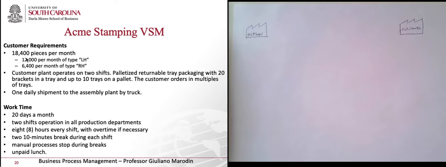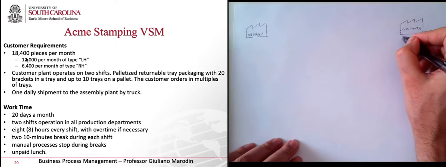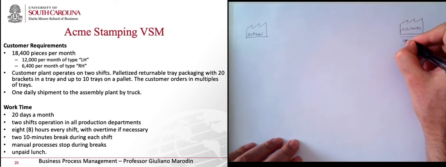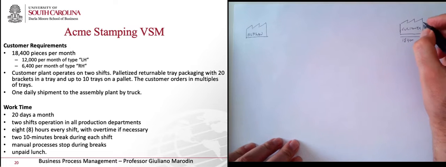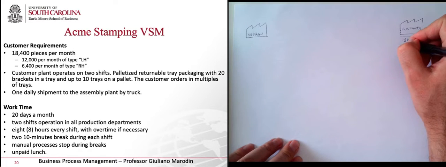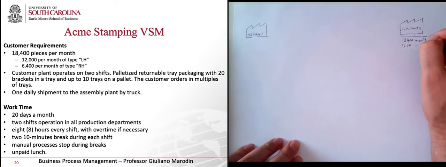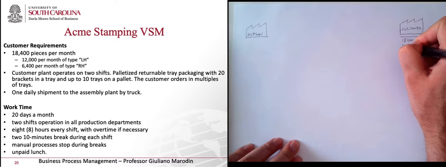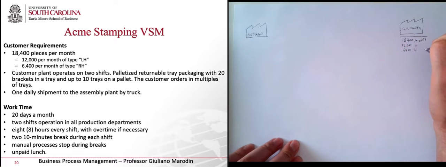Some customer information here, which we're going to put into the customer side. 18,400 per month. That's what I'm writing here. We have 12,000 of the left side, I'm going to put L, and 6,400 R, sorry, R. Okay.